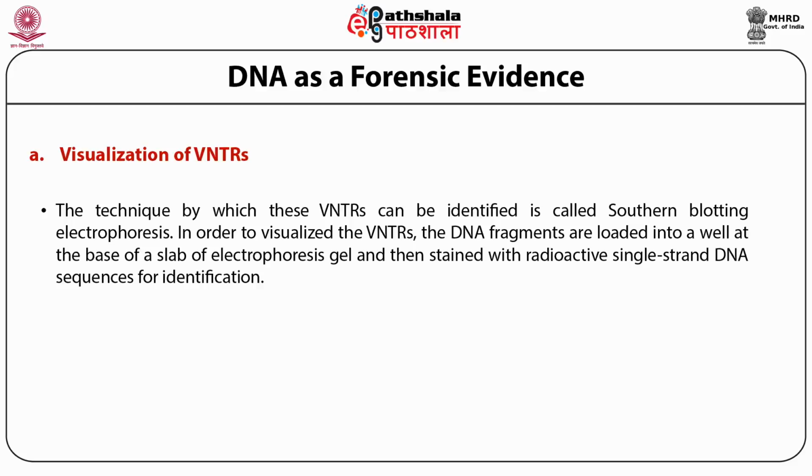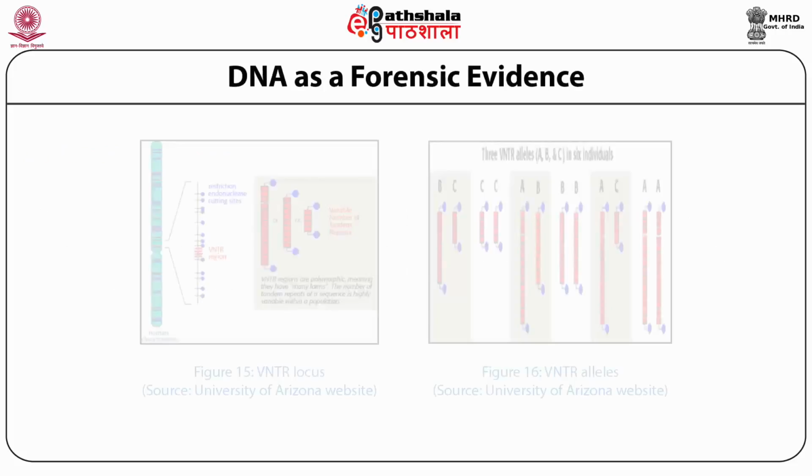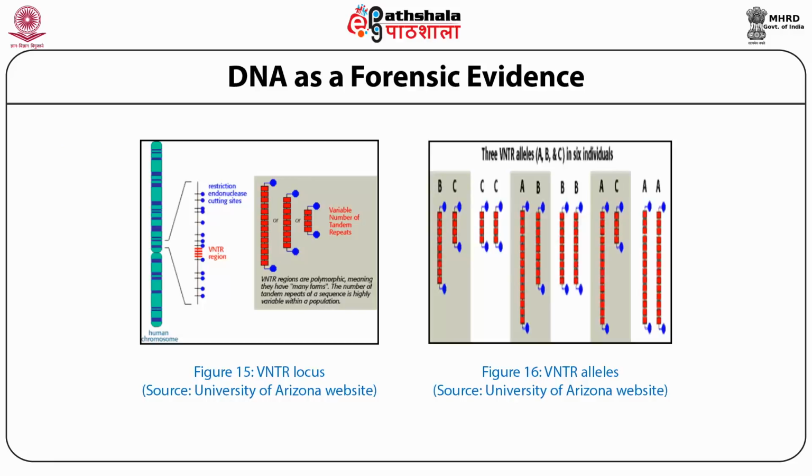An electrical current is then applied, which separates the VNTRs based on the length and charge of the DNA fragment. After that, the DNA fragments are stained with a radioactive single-strand DNA sequence for visualization and identification. There are two figures. One indicates the VNTR loci and the other indicates the VNTR alleles.